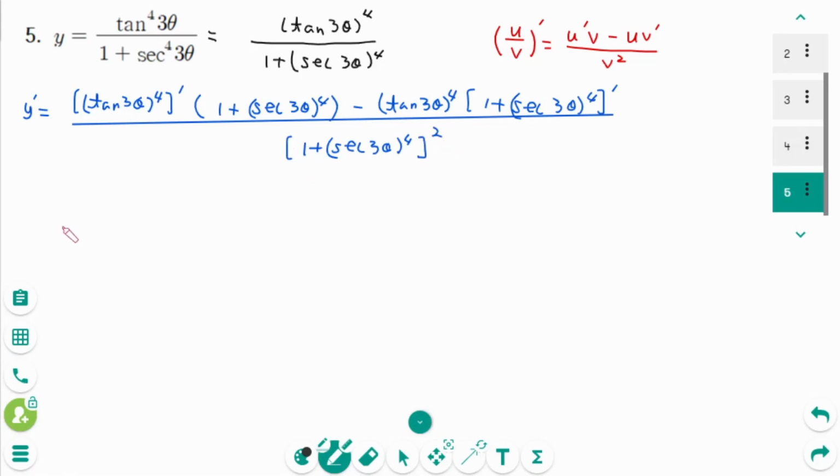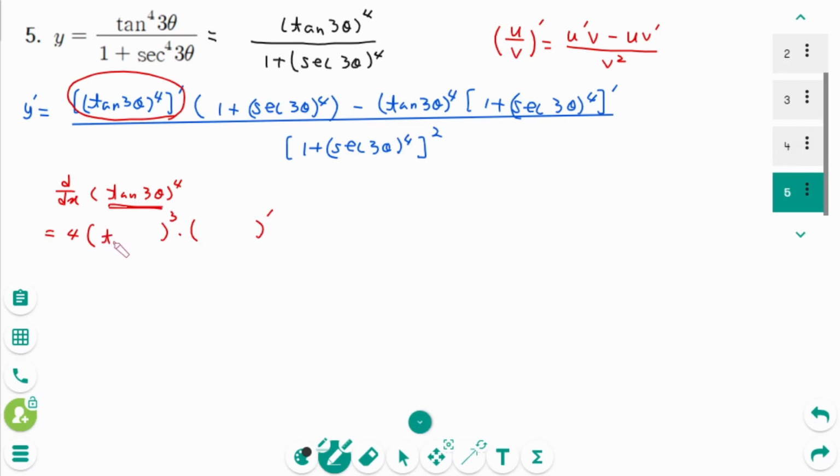Let's first differentiate only the part where the chain rule should be used. The first one, d dx of tangent 3 theta to the power of 4, equals u to the power of 4. So 4u cubed times u prime.